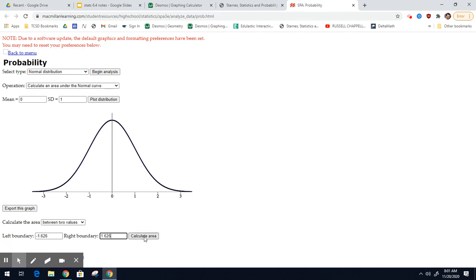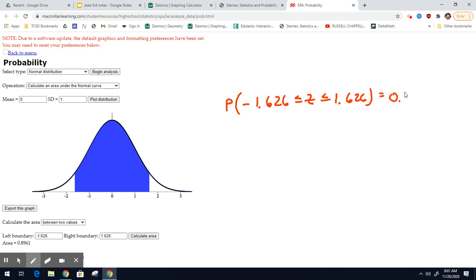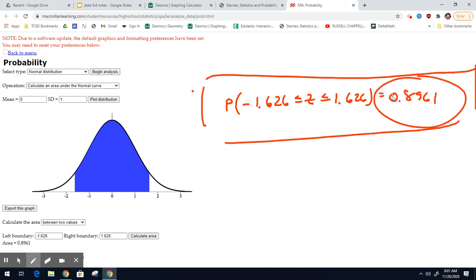And when I click calculate, there you go, 0.8961. So the probability that our z is in between negative 1.626 and positive 1.626 is 0.8961. So again, I need to see this number on your screen.